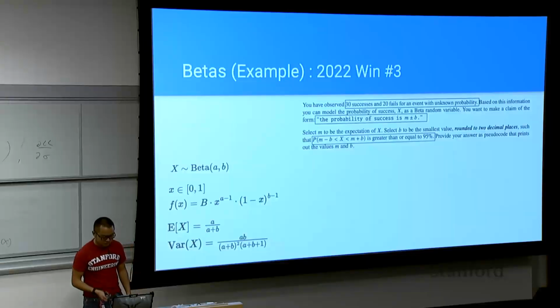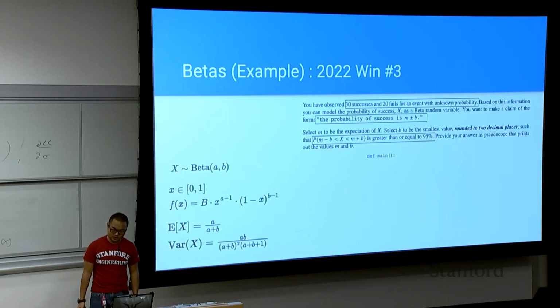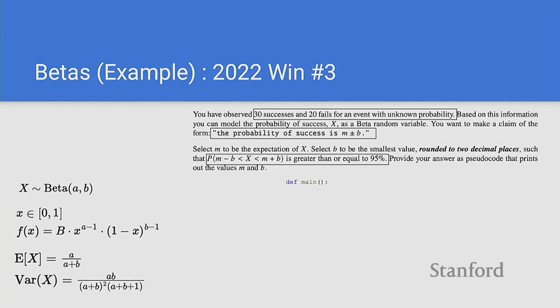All right, for this particular problem, we have a starter function, because everything starts with main. Then we need to combine the 30 successes and 20 failures into a beta. The beta that we need to initialize is a beta with 30 plus 1 and 20 plus 1, plus 1 because we always initialize beta with an extra 1, as per normal beta initialization.